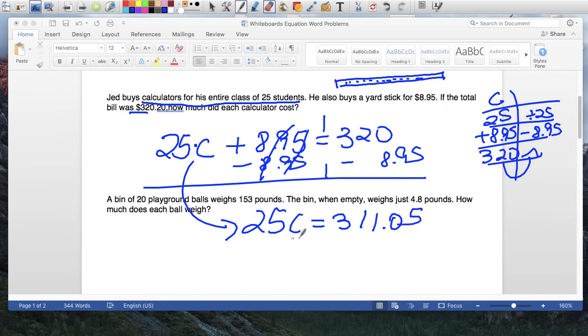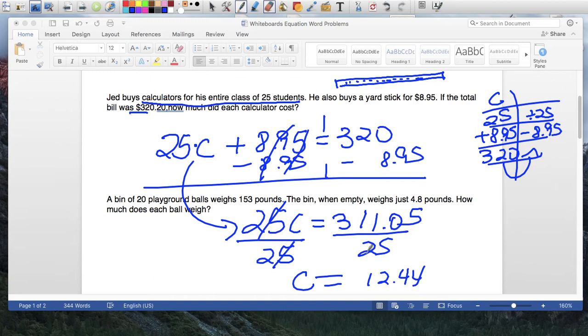And over here, we're going to have 311.05. Alexa, what is 311.05 divided by 25? 311.05 divided by 25 equals 12.442. So please divide this in your calculators. 311.05 divided by 25 is 12.44. So each calculator, and again he bought 25 calculators.